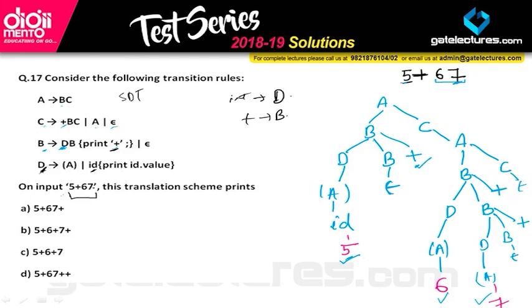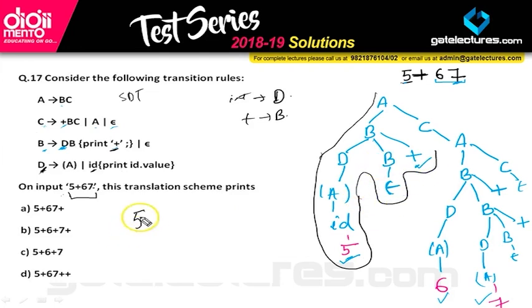Now how do we parse our tree? From top to bottom and left to right. Let's see what is produced. It is producing 5, then null and then plus, and then let's go to the bottom. It is producing 6, perfect.